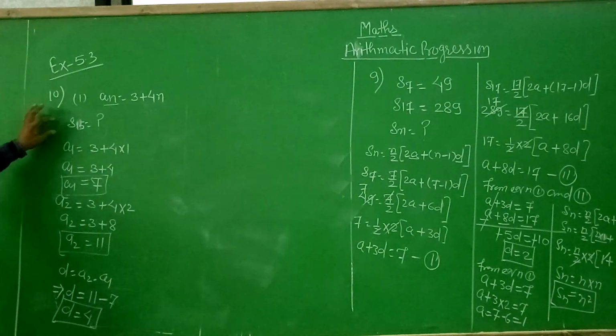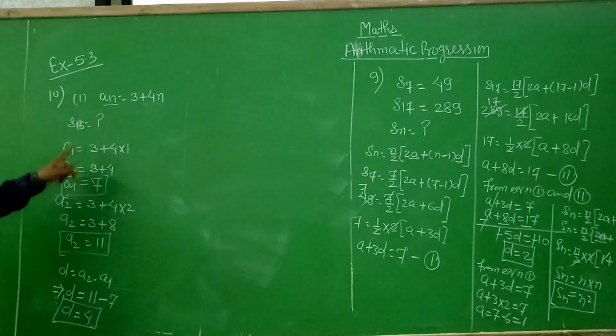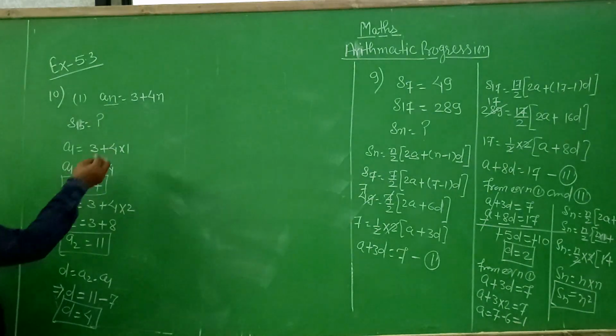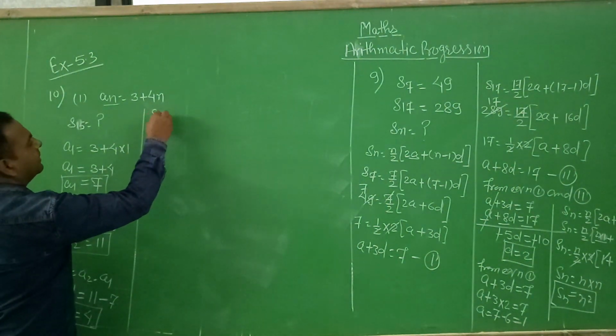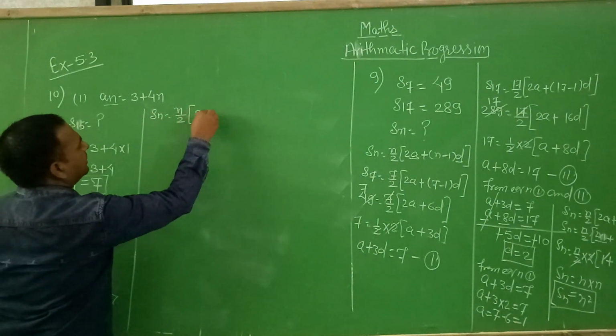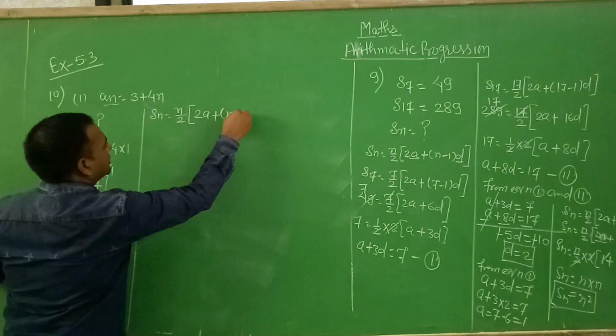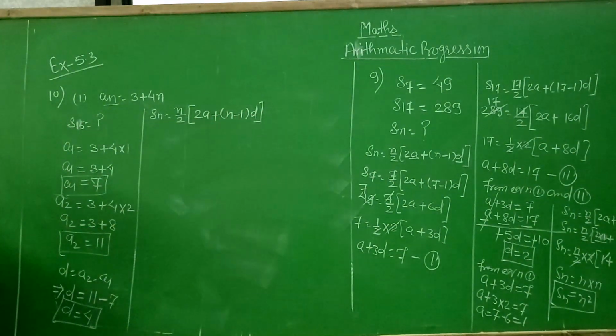After that you find S15, because here d is equal to 4, a is equal to 7 and n is equal to 15, then you apply the formula Sn. The formula Sn is equal to n by 2 bracket 2a + (n - 1) into d. This is the formula for the sum of the n terms of the given AP.